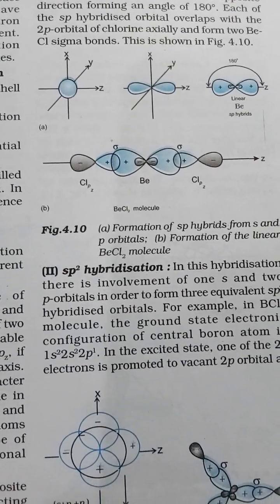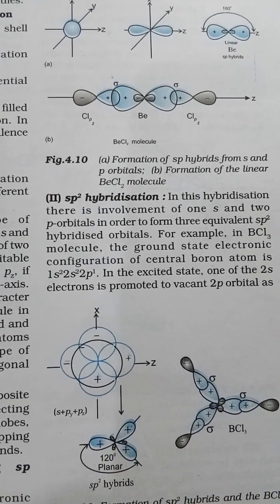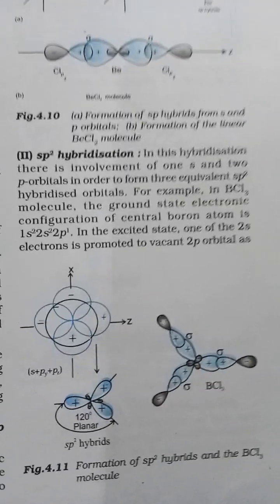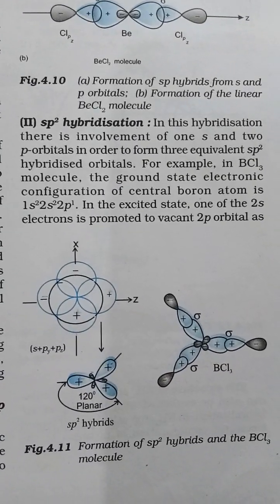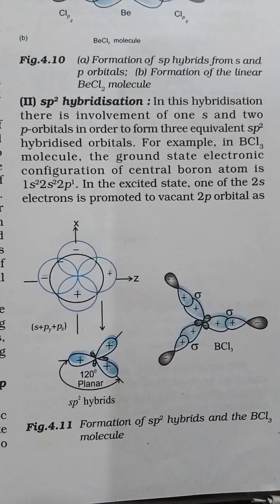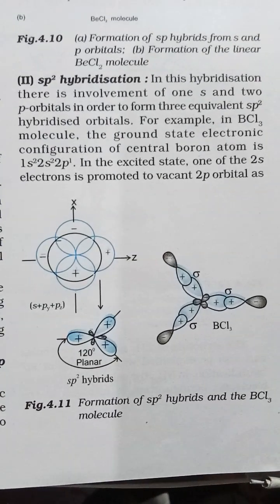sp2 hybridization. In this hybridization, there is an involvement of one s and two p orbitals in order to form three equivalent sp2 hybridized orbitals. For example, in the BCl3 molecule, the ground state electronic configuration of the central boron atom is 1s2, 2s2, 2p1.